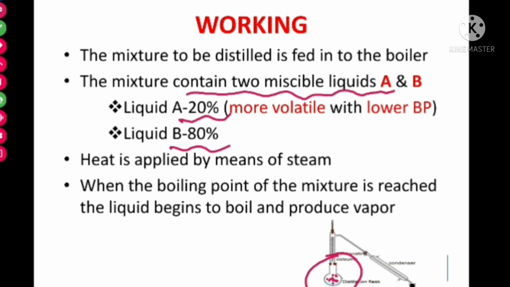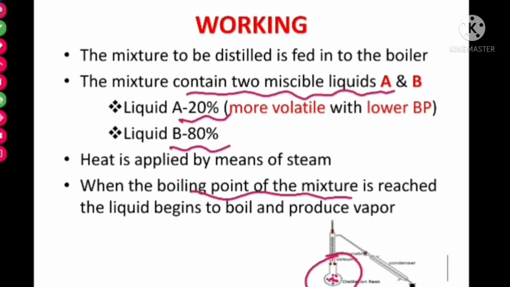Now we are applying heat to the liquid mixture with the help of a Bunsen burner.